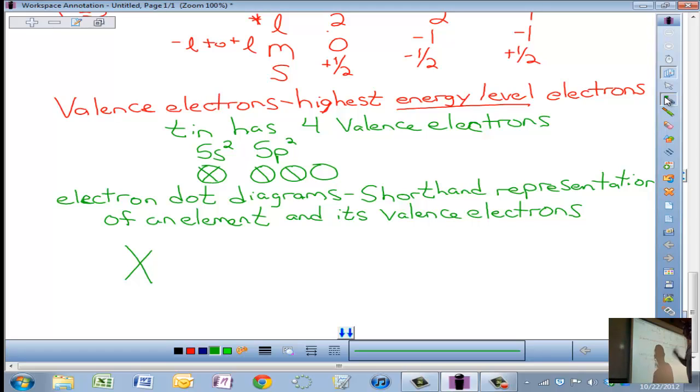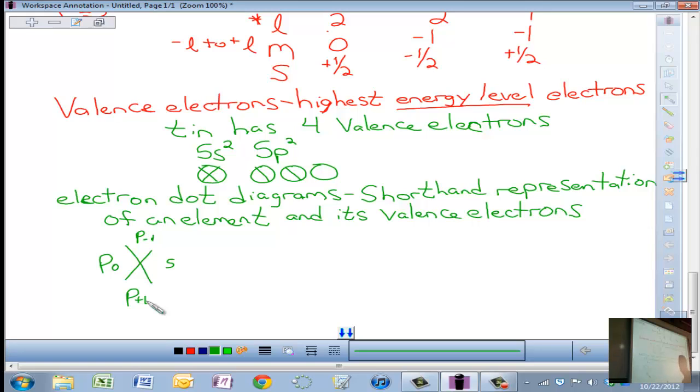What I'm going to do is draw up the template. All of your S electrons are going to go on the right side of the symbol. Your P -1 electrons are going to go on top. Your P0 electrons are going to go on the left side, and your P +1 electrons are going to go on the bottom.